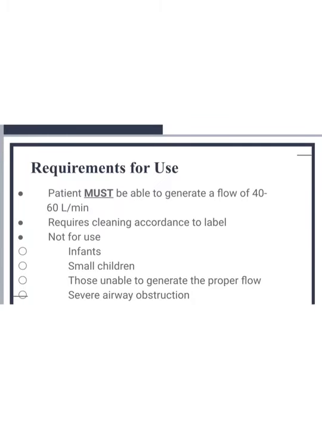Patients must be able to generate a flow of 60 to 40 liters per minute. It requires cleaning in accordance with the label, so we should refer our patients to that as a good resource. Not all inhalers are going to be the same.